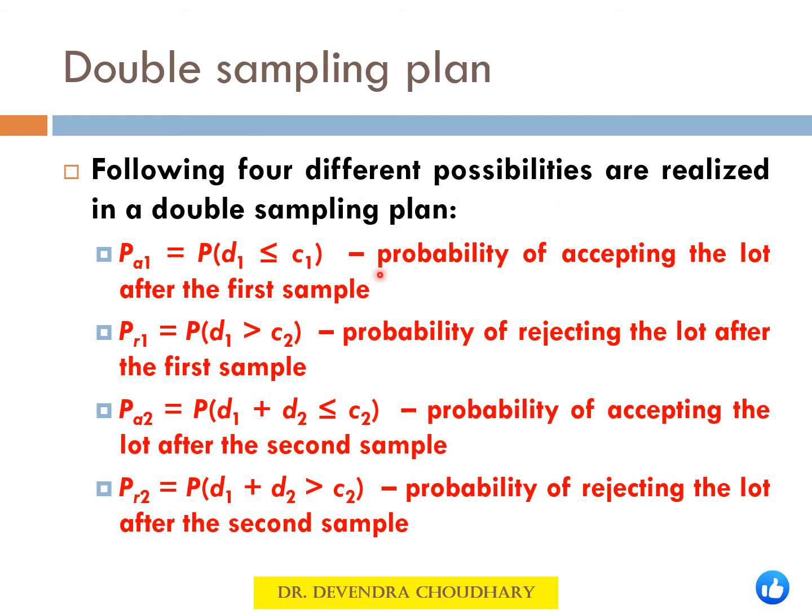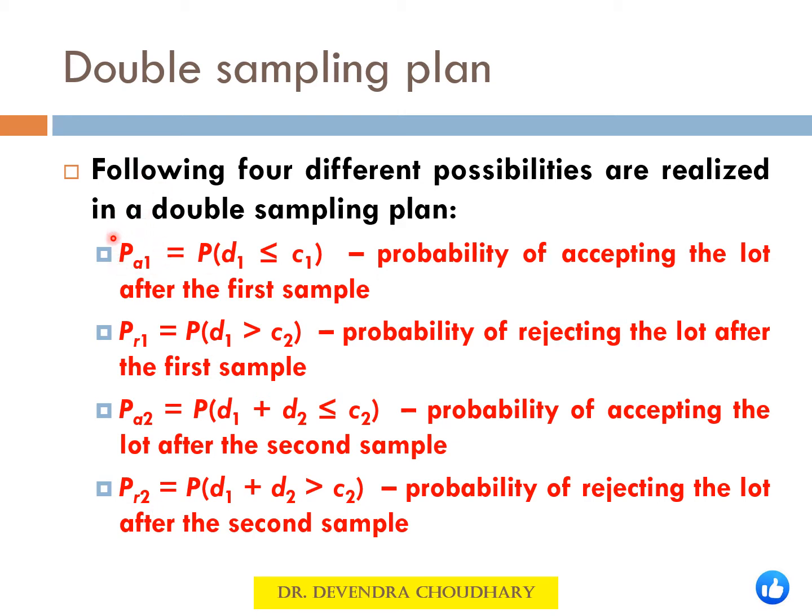After taking the first sample, either the lot is accepted or rejected. If we are inconclusive, then we take a second sample, and after taking the second sample, either the lot is accepted or rejected.